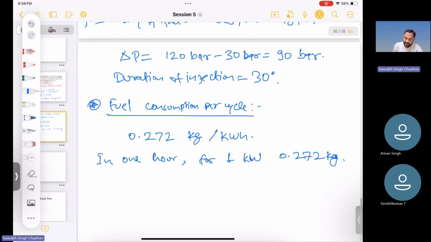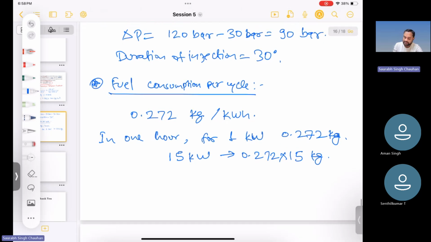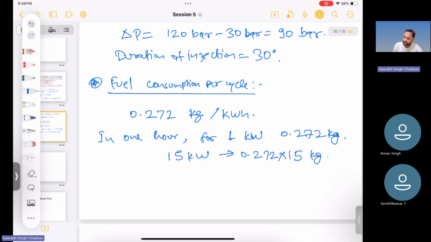And it is producing 15 kilowatt hour. So 0.272 times 15 will be the fuel consumption rate per hour. So in 1 hour, 0.272 times 15 kilogram fuel will be consumed, right?